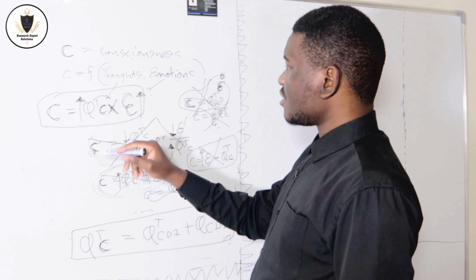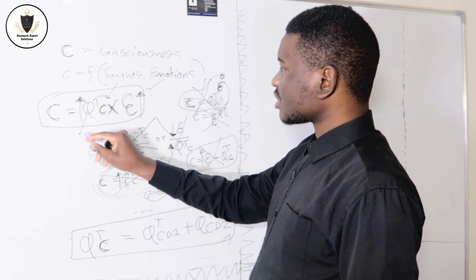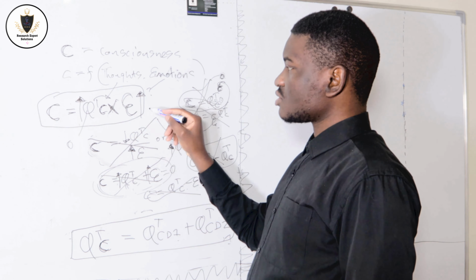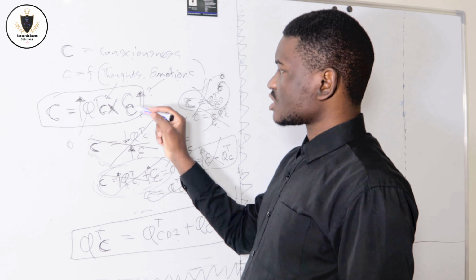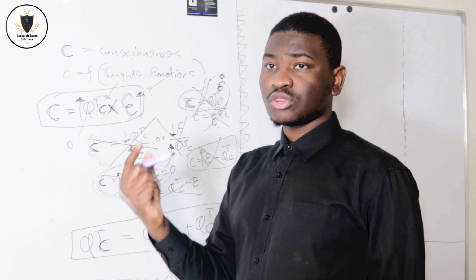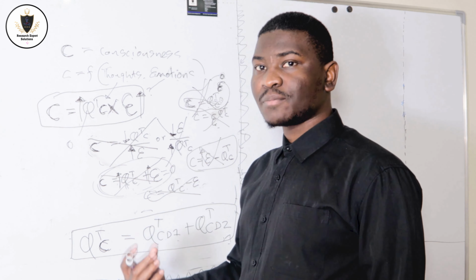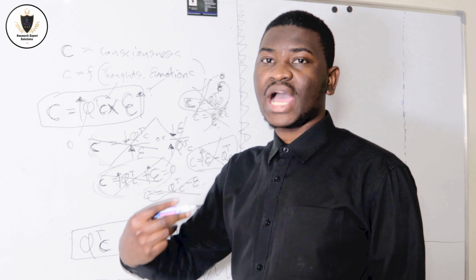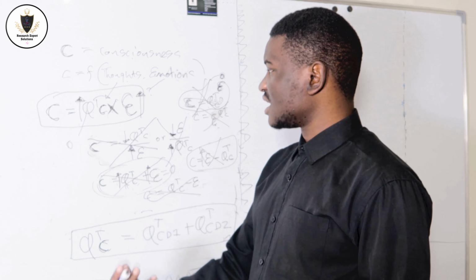And if our thoughts are equal to 0, it will be 0 multiplied by our state of emotions, which will mean that consciousness will collapse to 0, which makes sense, because if your thoughts about a particular thing are absent, it means that you won't feel anything about that particular thing and you'll be unconscious of that particular thing.